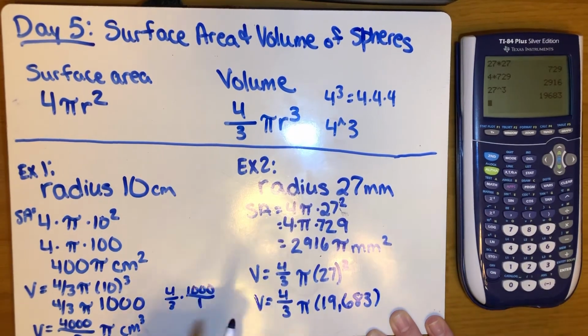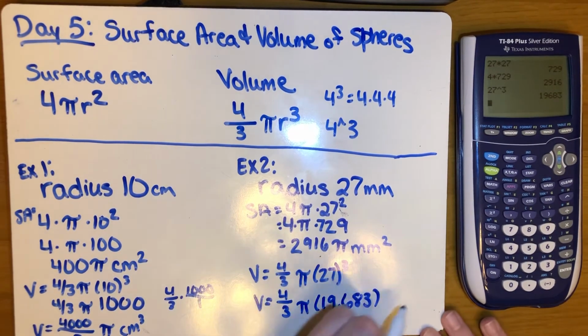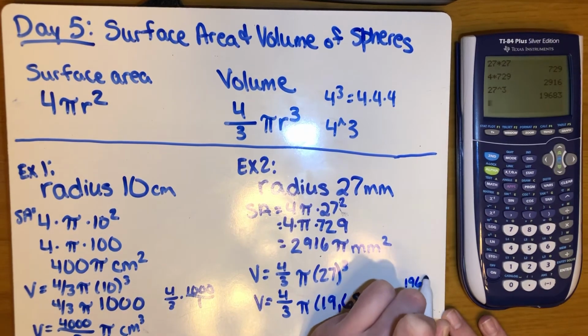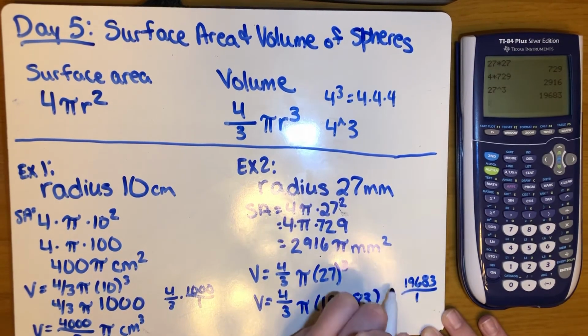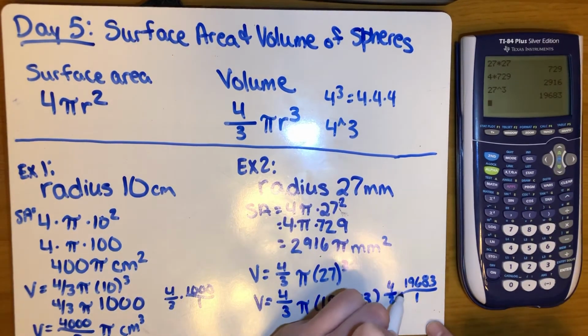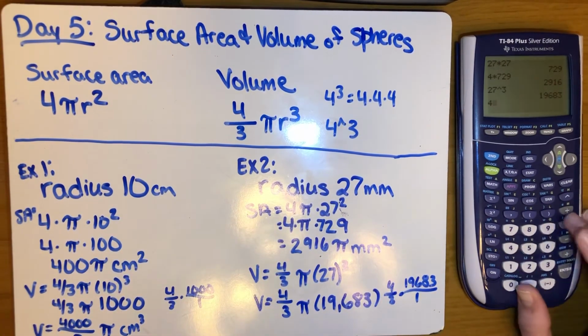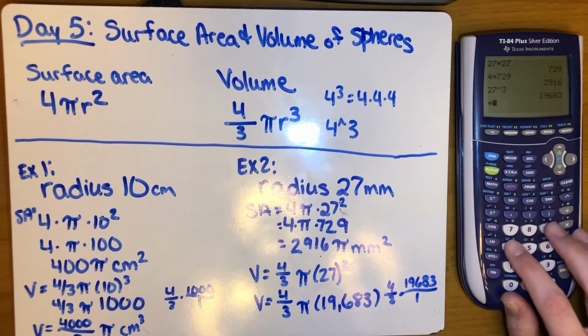And then lastly, I'm going to multiply 4/3 times this. Like we did over here, I'm going to put 19,683 over 1 and multiply that by 4/3. On top, I'm going to do 4 times my answer back there.